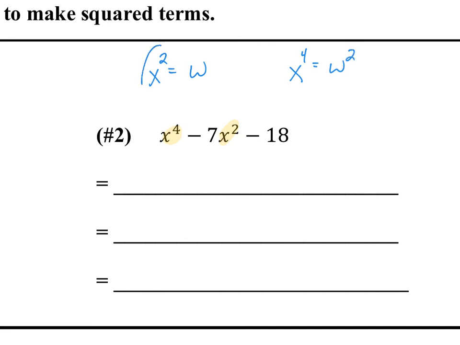So we're going to replace the x squared with a w and the x to the 4th with w squared. It's called substitution, and actually those of you that go on to pre-calc and calculus would do it a lot. So this would be, instead of x to the 4th, it's w squared minus 7 times x squared. Instead of x squared, we're going to say 7 times w minus 18.